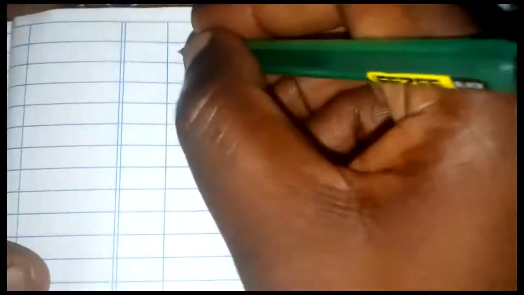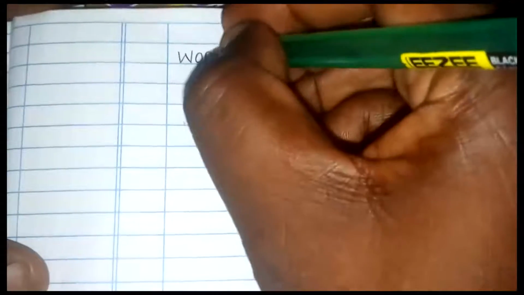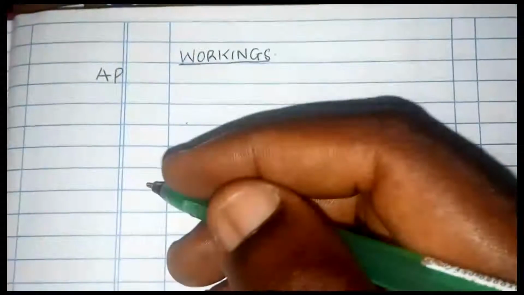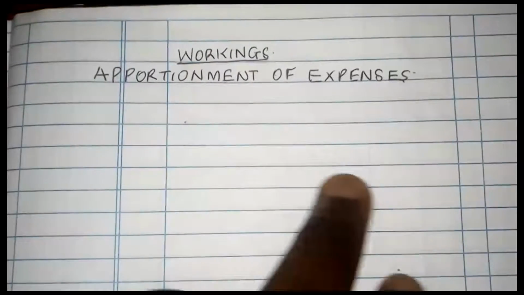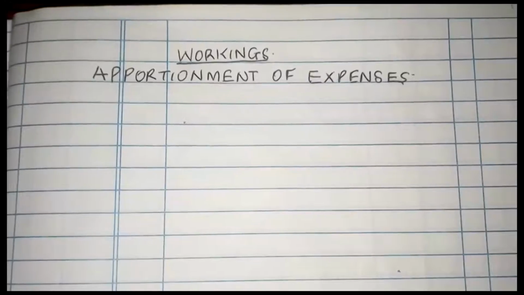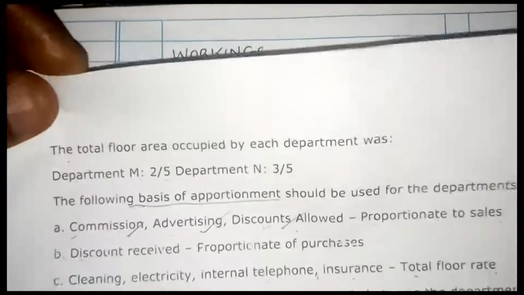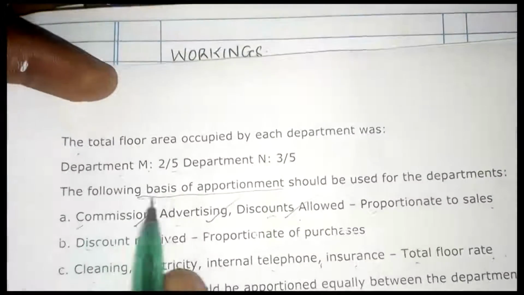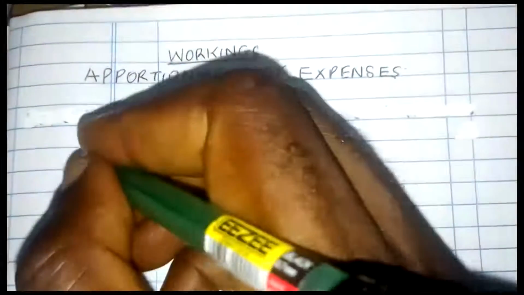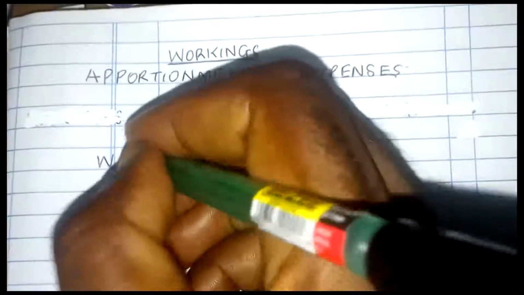The heading of your working will be apportionment of expenses. Then you start with the following basis of apportionment. You just write working note 1.